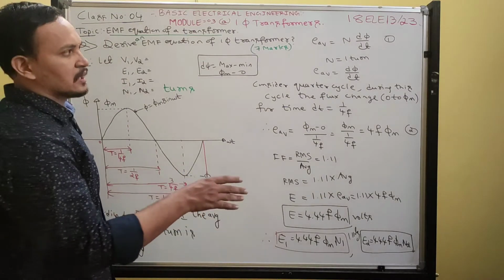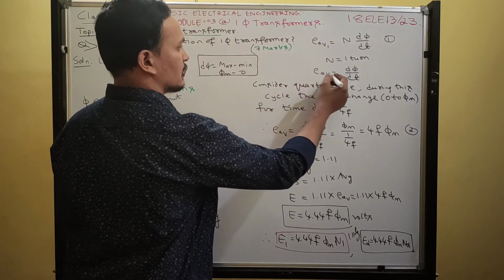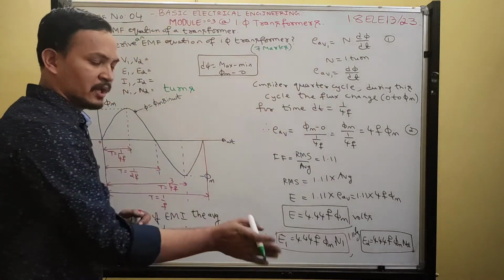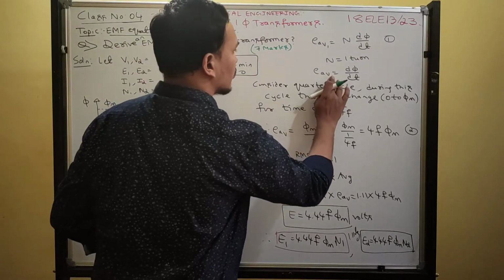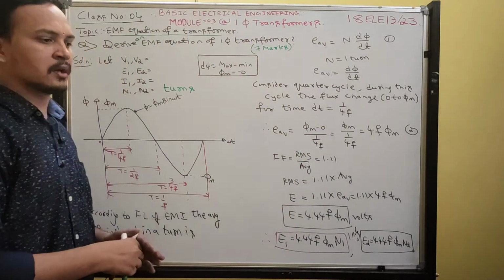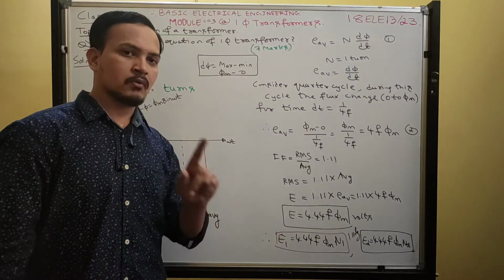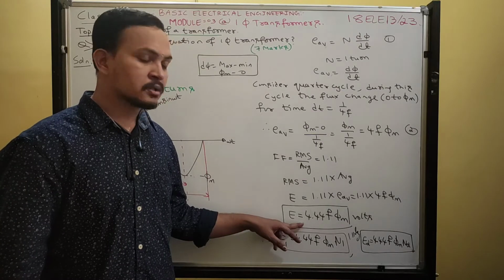If you write EAV1, that indicates primary only. Then finally you will get this equation. If you do not write any suffix here, you will get the general equation: EMF induced in 1 turn. It may be primary winding or secondary winding.